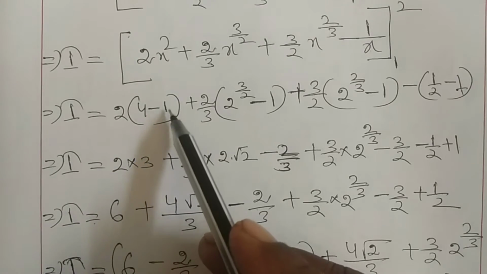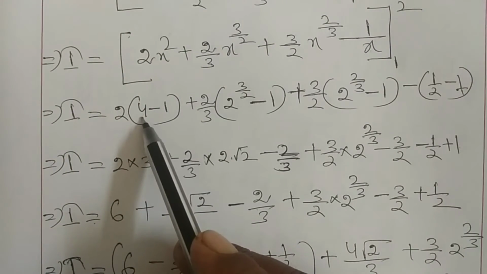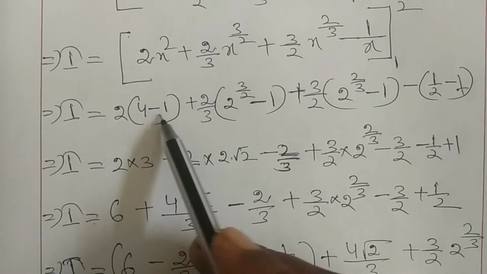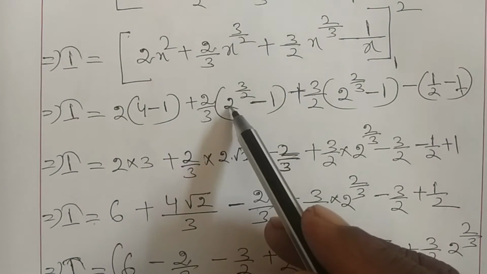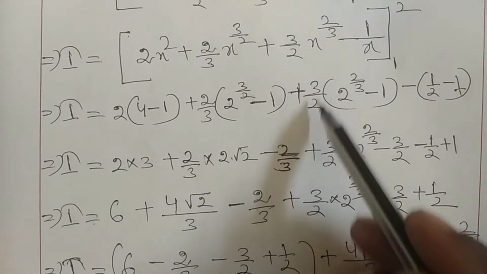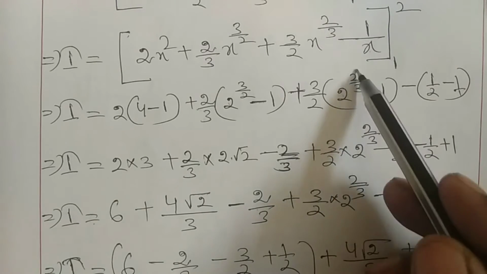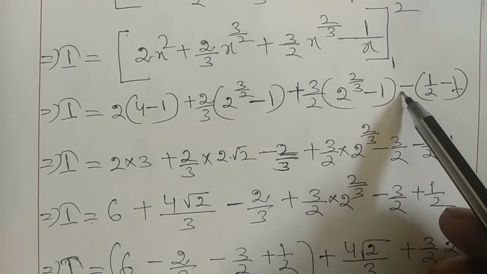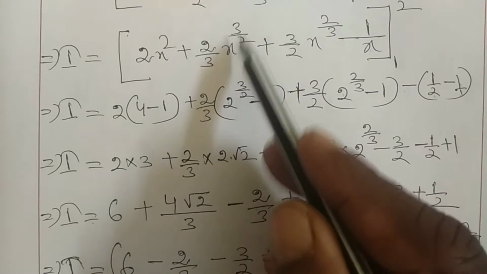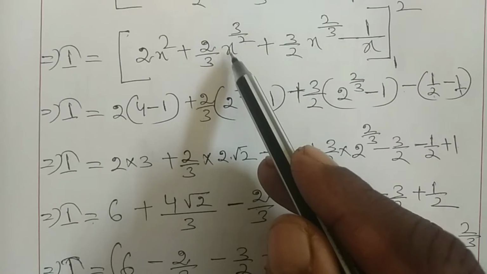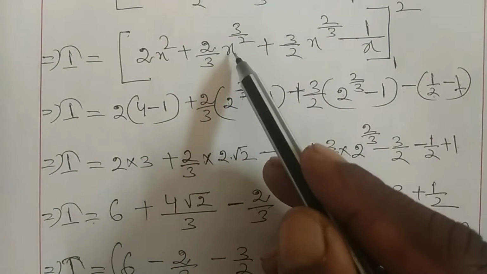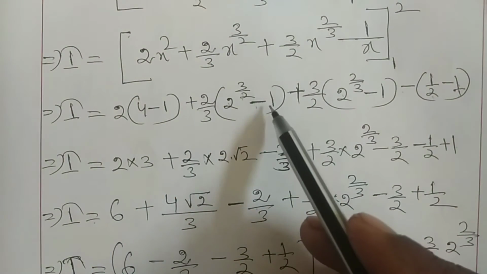2 into (4 minus 1), that is here 2 squared is 4, and lower limit 1 squared is 1. So 2 into (4 minus 1) plus 2/3 into (2^(3/2) minus 1) plus 3/2 into (2^(2/3) minus 1) minus (1/2 minus 1/1). Here x^(3/2), putting upper limit 2, is 2^(3/2), and minus putting lower limit 1, that is 1^(3/2), which is 1.